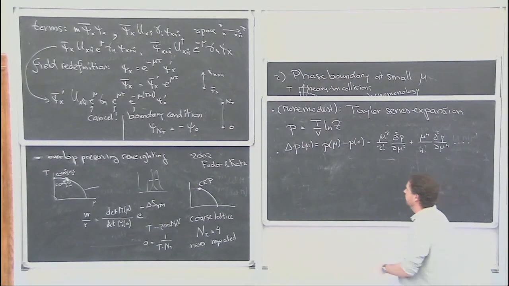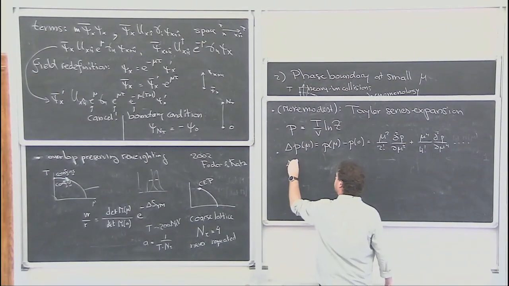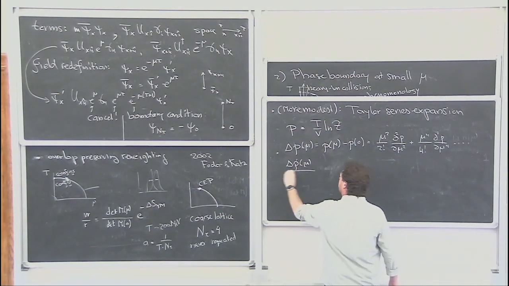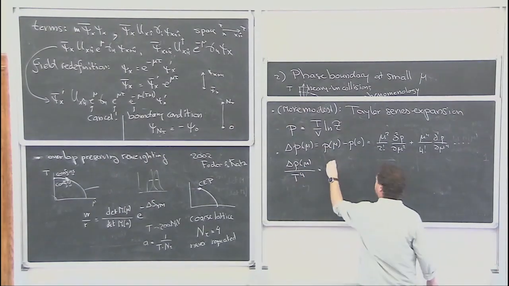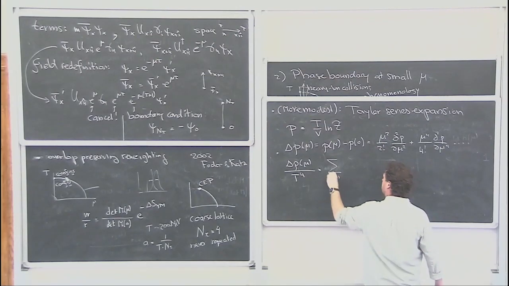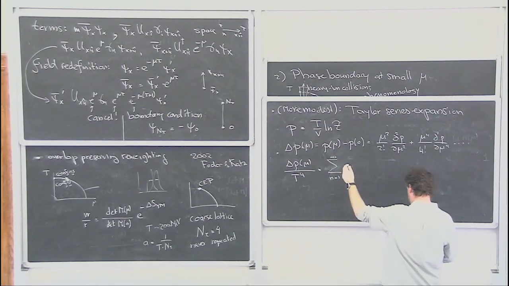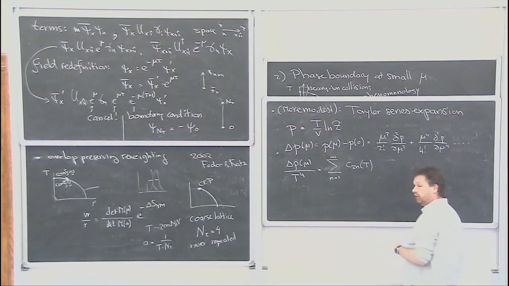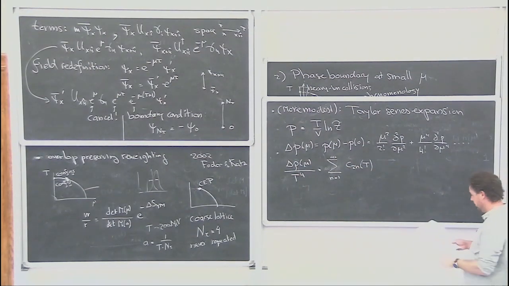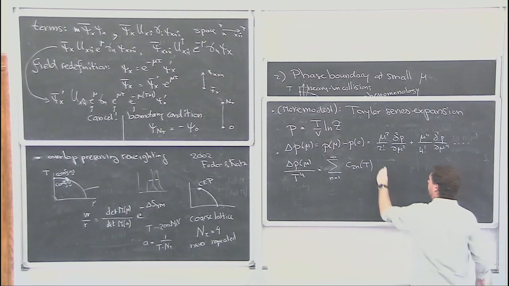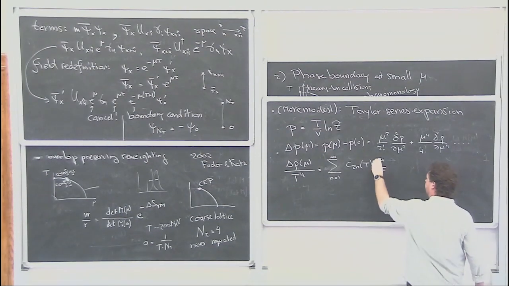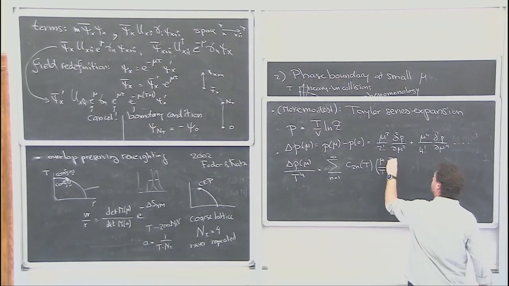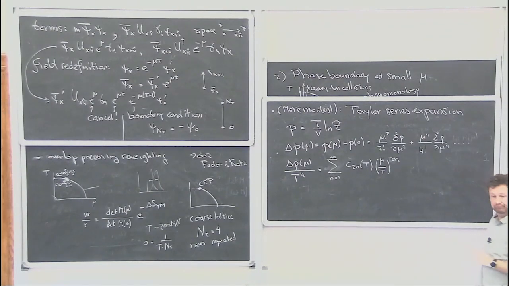I can write delta P over T to the 4, which is a dimensionless quantity, as a series expansion. If the theory is analytic, you can do this expansion to all orders. And when there are singularities, that will tell you something about the radius of convergence of this expansion.